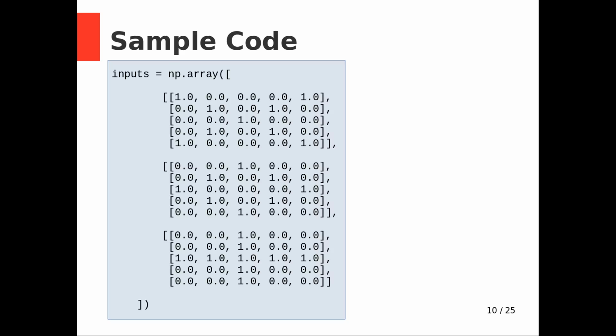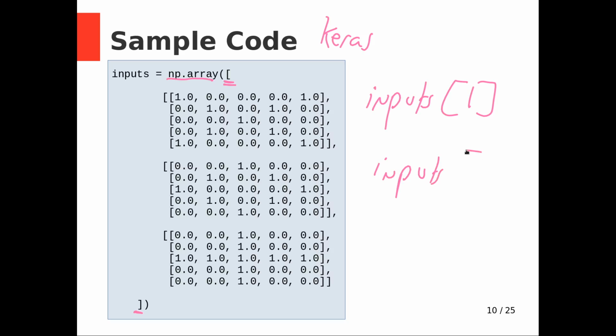Okay, so here's my input. I am using Keras, so this is intended to be the input for a Keras network. I'm packing this into a NumPy array, and I have an outermost index, where every place on the outermost index corresponds to an input. So inputs 1 is still going to be a training sample, and inputs 2 is going to be a training sample.